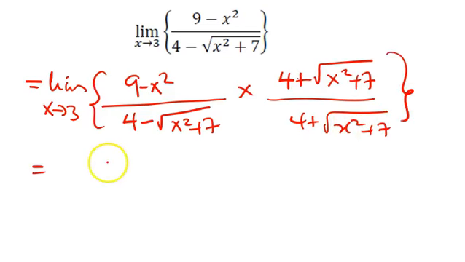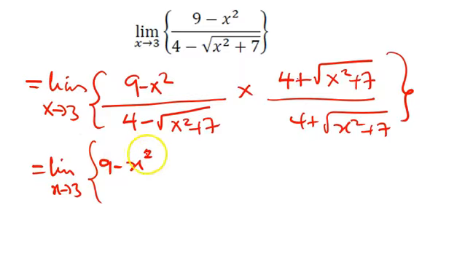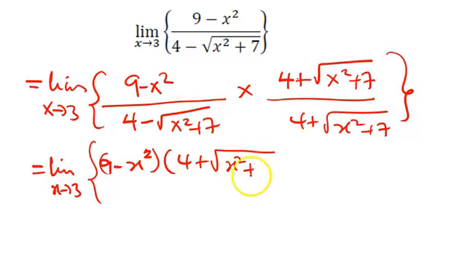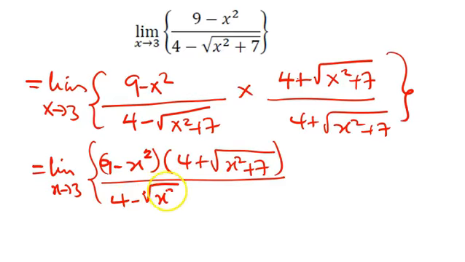So let's continue. We multiply: limit as x tends to 3, you have 9 minus x squared times 4 plus the square root of x squared plus 7, over 4 minus the square root of x squared plus 7, in one bracket, then 4 plus the square root of x squared plus 7.